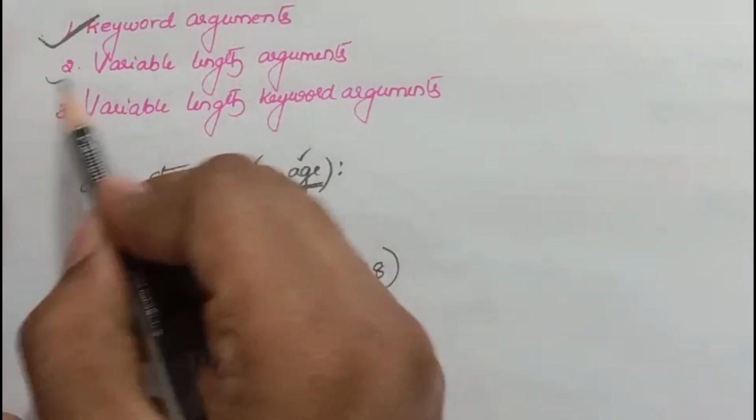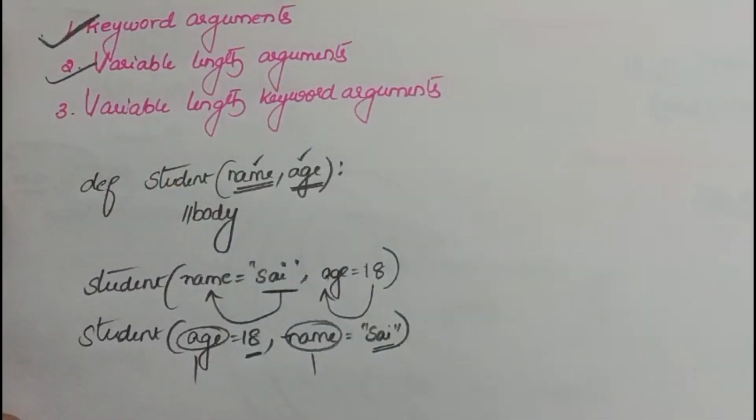Next is variable length arguments. Sometimes we may not know how many arguments will be passed to a function. Let's suppose you want to add a few toppings to your pizza, and you want to add 2 to 3 types of toppings.